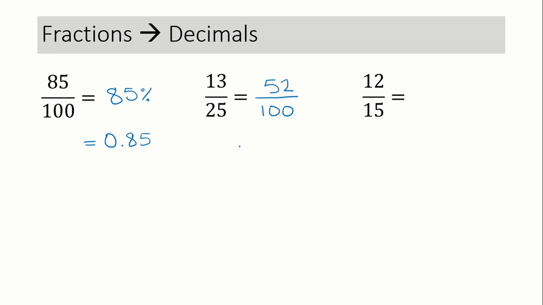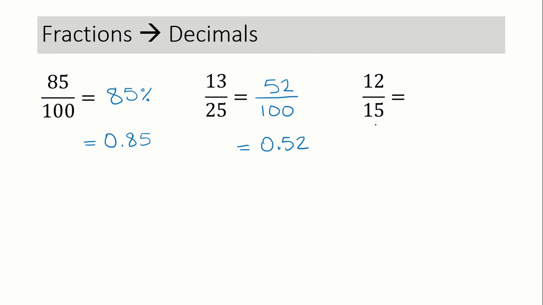Now 52 over 100, we could change that to a percent, or we can just go straight to 0.52. Remember, a fraction is like division, and 52 divided by 100 tells us we're going to move the decimal 2 places to the left.